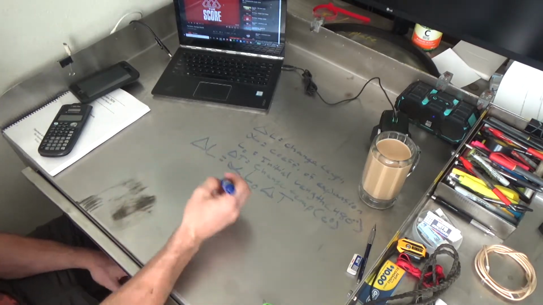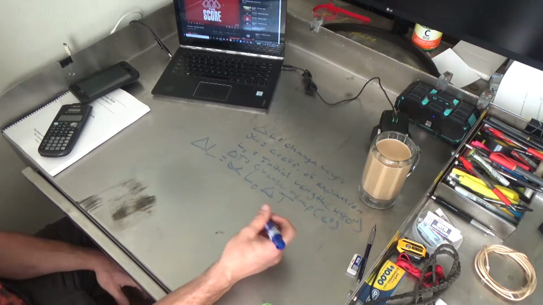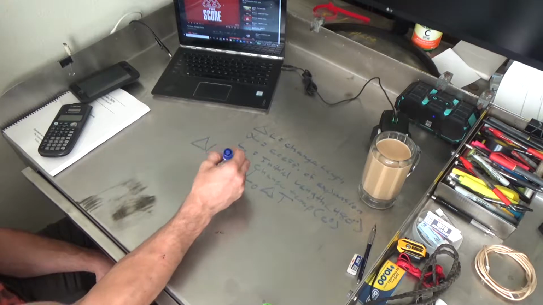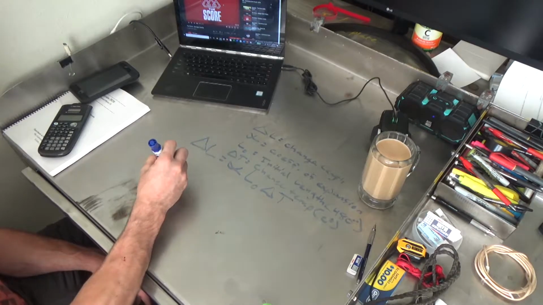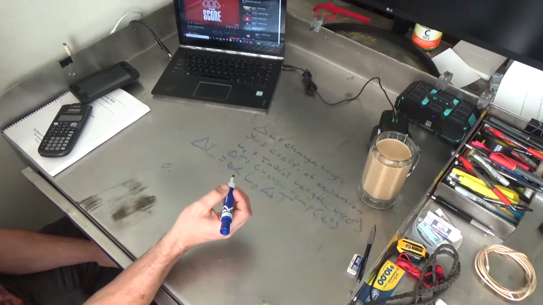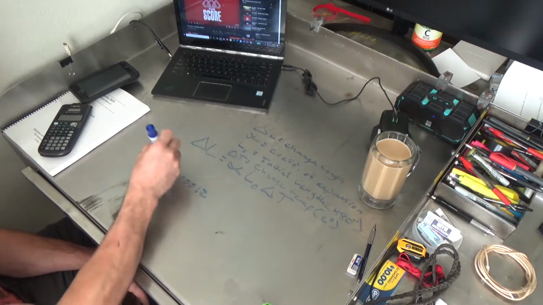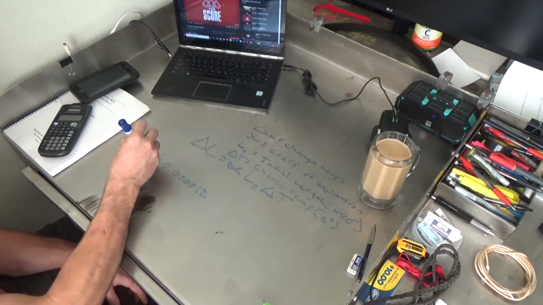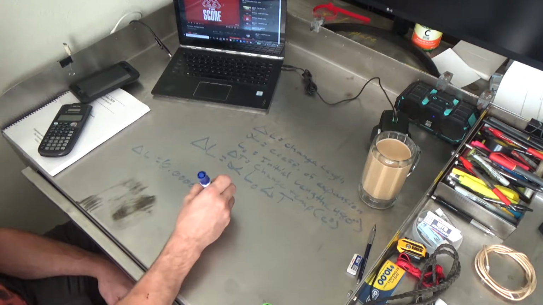Normal steel usually runs 11 to 12.5 is what you typically run for the coefficient. We're going to use 12. It's 12 times 10 to the negative 6. So we're just going to put the zeros in there just so it looks nice and pretty. So that's your coefficient. Then you got the original length.